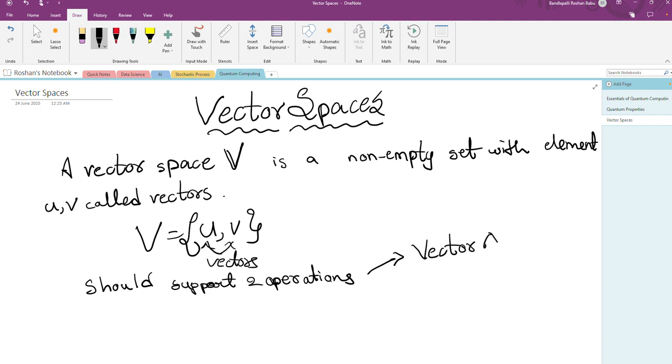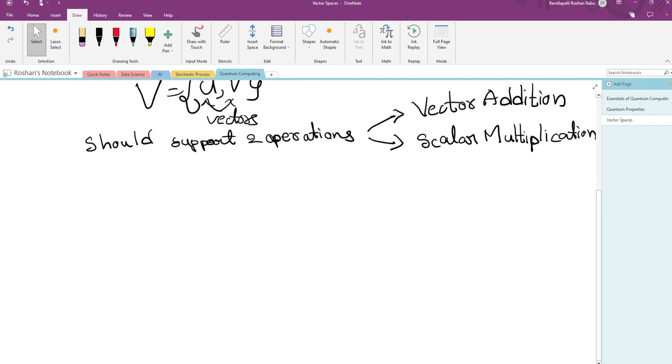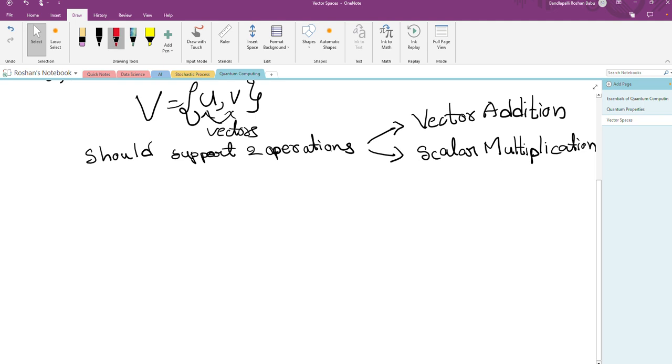It's vector addition and scalar multiplication. Okay, first we'll learn about vector addition.